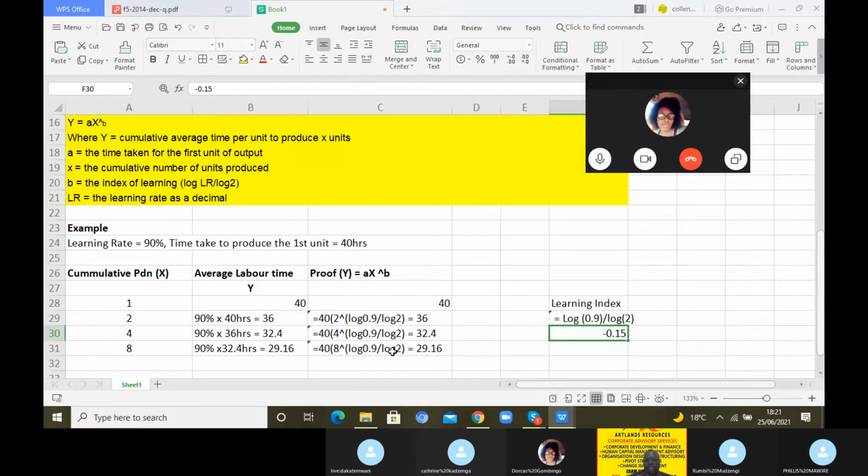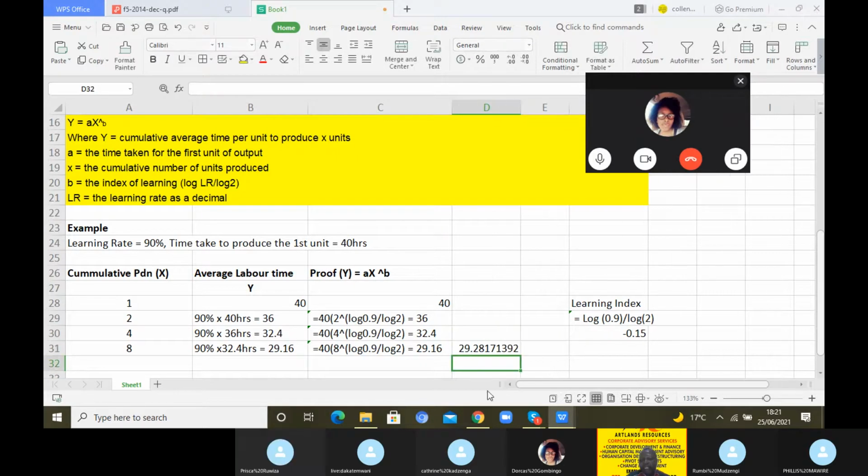So when you are punching, you would simply say equals 48, then to the power of minus 0.15, and you get 29.2. But notice we are getting 29.2 and here we have got 29.16.